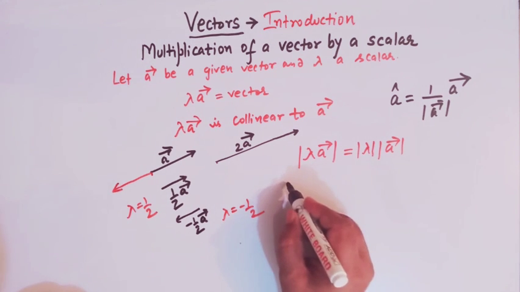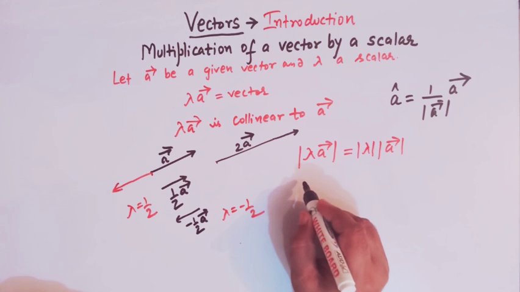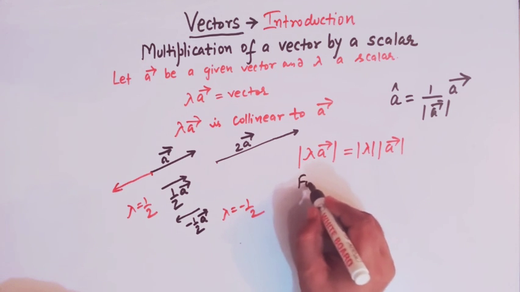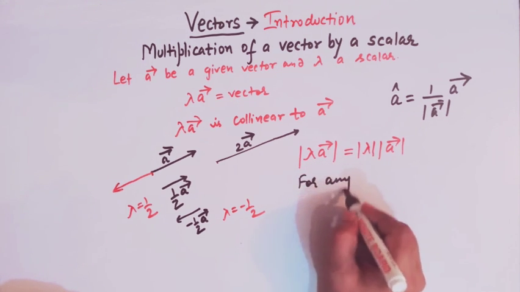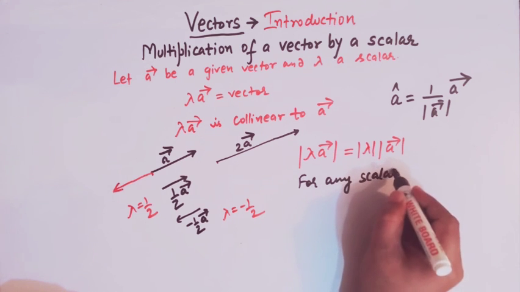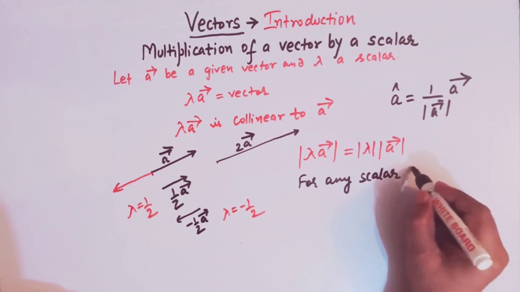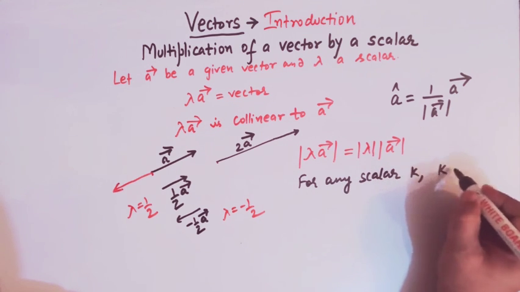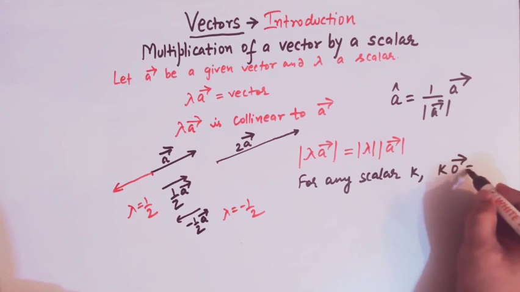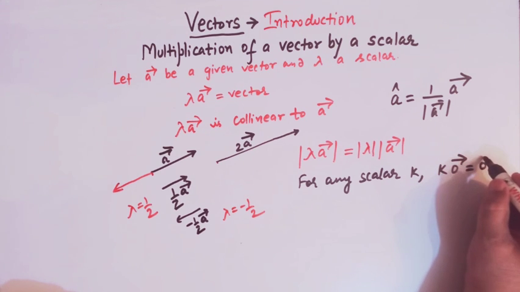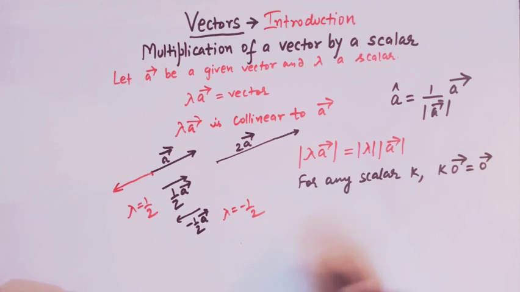Now viewers, here there is one important thing, that for any scalar k, we have k times 0 vector is always equal to 0 vector, right?